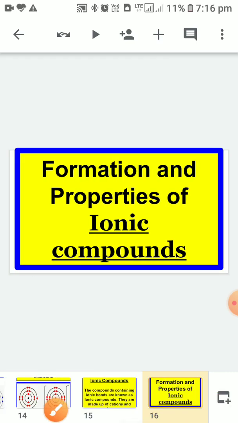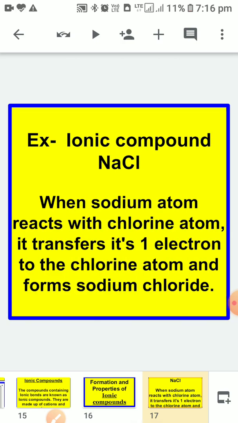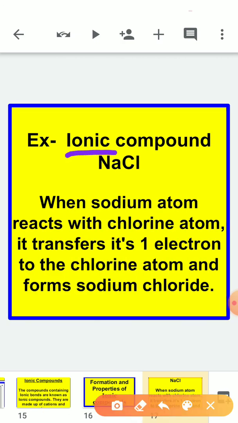The formation and properties of ionic compounds. Children, here I am taking example of ionic compound NaCl. Okay, so how NaCl compound is forming? When sodium atom reacts with chlorine atom, it transfers its one electron to the chlorine atom and forms sodium chloride.